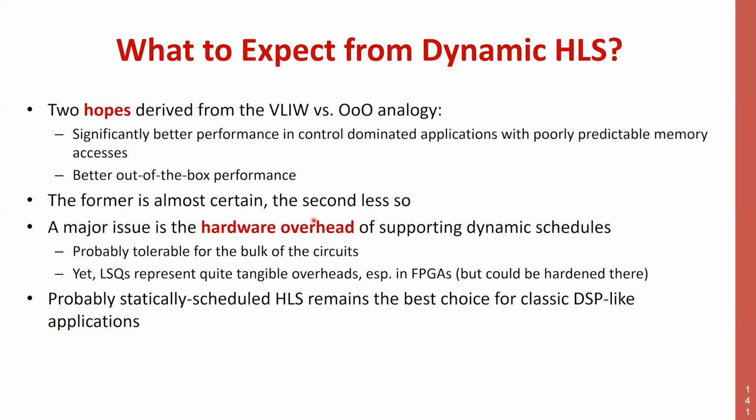Partly, the choice between these two approaches depends on the same considerations that you have in choosing between a VLIW and superscalar. If you care for out-of-the-box performance, if you have control-dominated algorithms, it's absolutely sure you want a superscalar processor, and maybe here you will want a dynamically scheduled HLS.